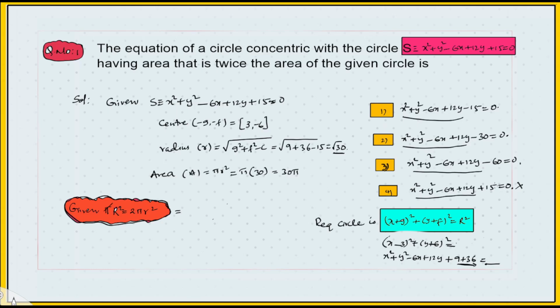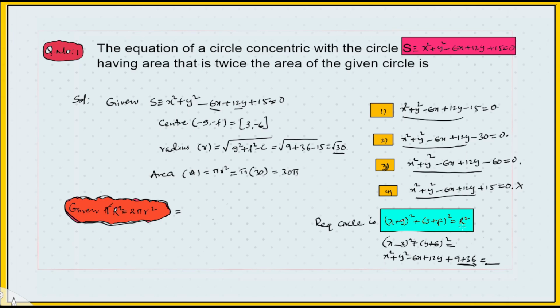Anyway, we have to find the concentric circle, which means having the same center. So given circle center is minus g, minus f, half of the x coefficient and y coefficient, that is plus 3 comma minus 6. So the required concentric circle is the same, x minus 3 whole square, y plus 6 whole square. You expand: x square plus y square minus 6x plus 12y, 9 plus 36 is 45.